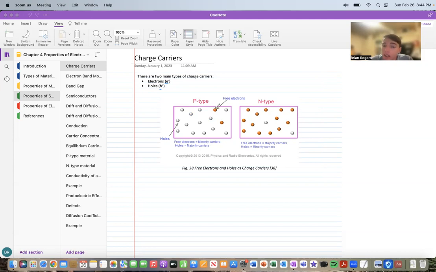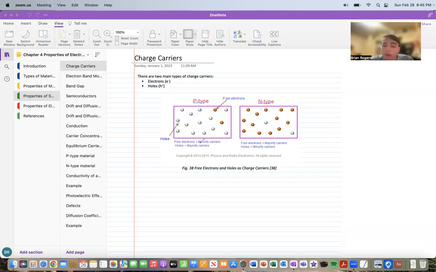We can either dope with more holes, which refers to p-type, or we can dope a material with more electrons, which means it's n-type, so it's more negatively charged because there are more electrons. So based on the type of doping, we can make a material more positively charged, p-type, or negatively charged, n-type.